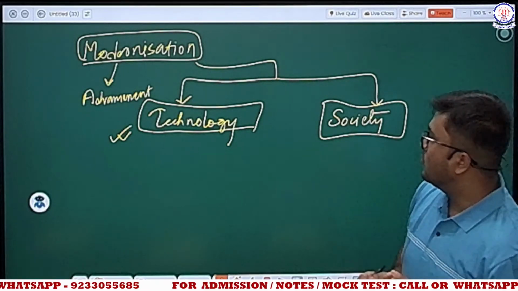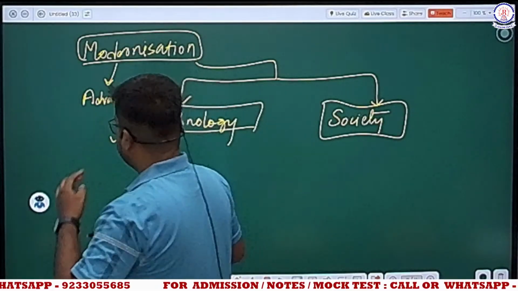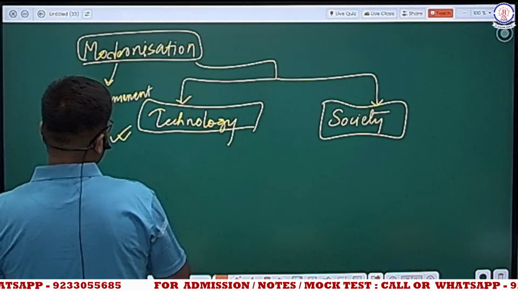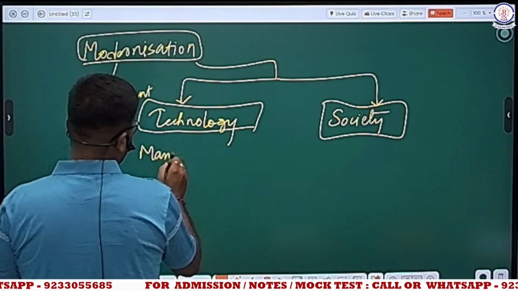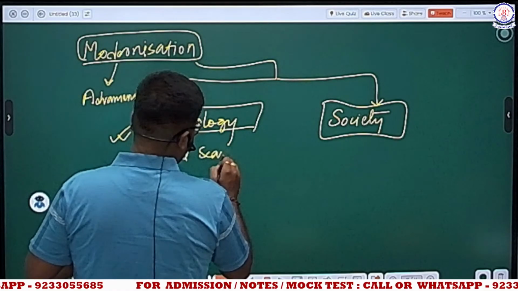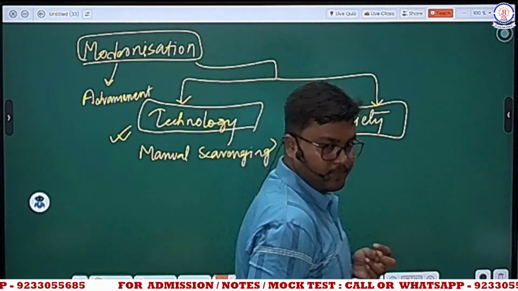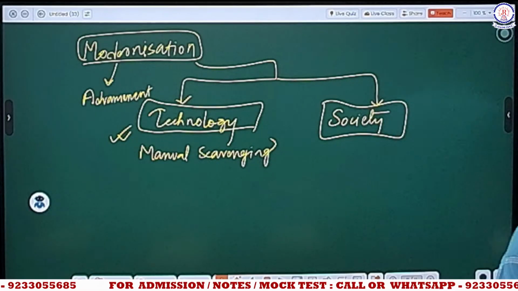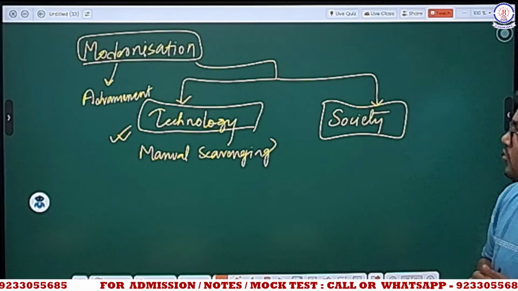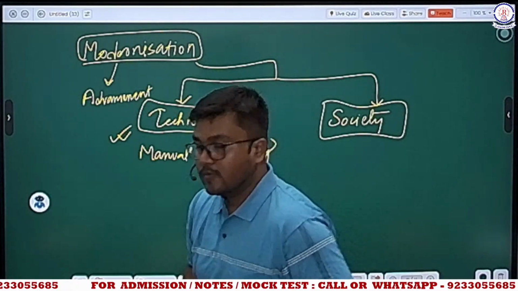How are you applying those concepts to the betterment of India, to the betterment of India as a nation? So as a technology advancement, let me give you an example: manual scavenging. Do you have an idea about manual scavenging? So what will be modernization?